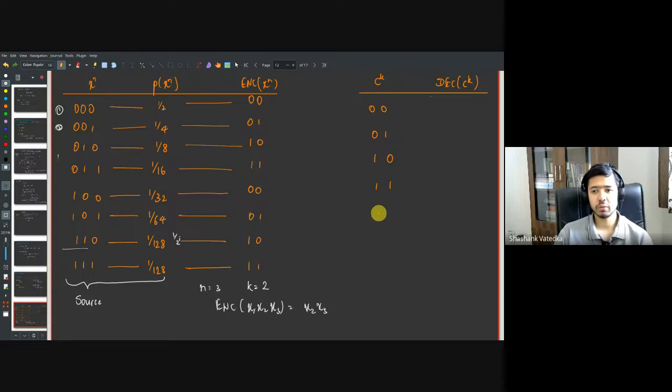So can you tell me what would be a good decompressor? Suppose that you were allowed to choose a decompressor, what do you think would be good? If the decompressor sees 00 as the input, what should it output? If it sees 01 as the input, what should it output?